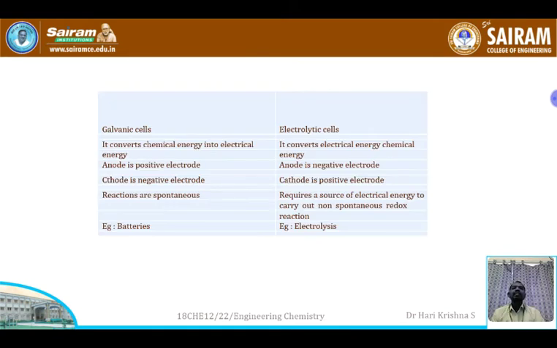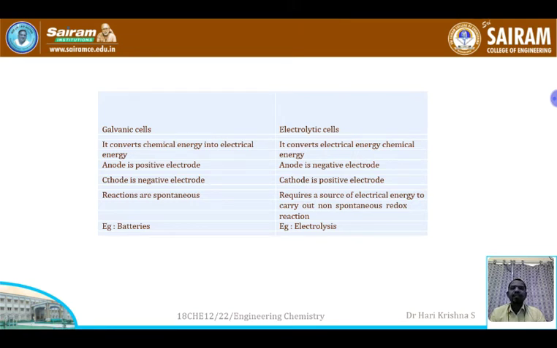So let us see the differences between galvanic cells and electrolytic cells. As discussed earlier, galvanic cells are the cells which convert chemical energy into electrical energy. Electrolytic cells are the cells which convert electrical energy into chemical energy. In galvanic cells, the anode is negative and the cathode is positive, whereas in electrolytic cells, the anode is positive and the cathode is negative.